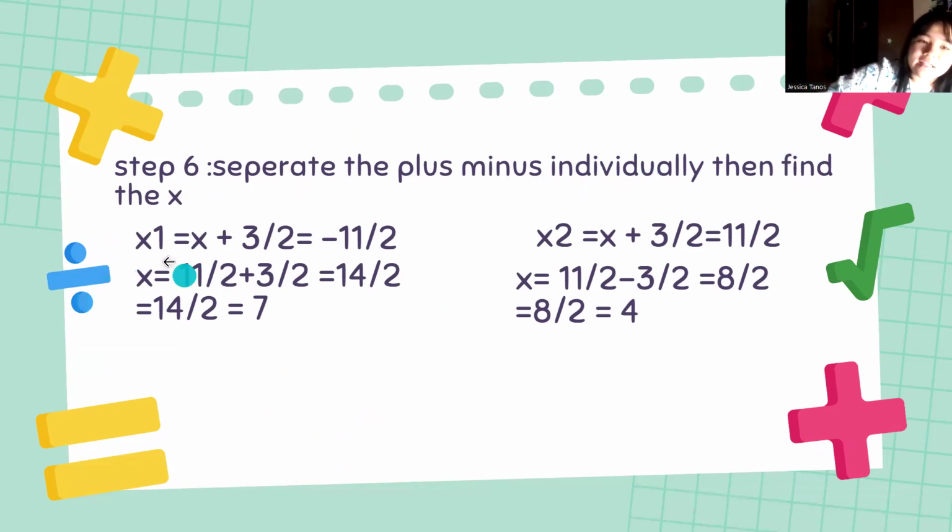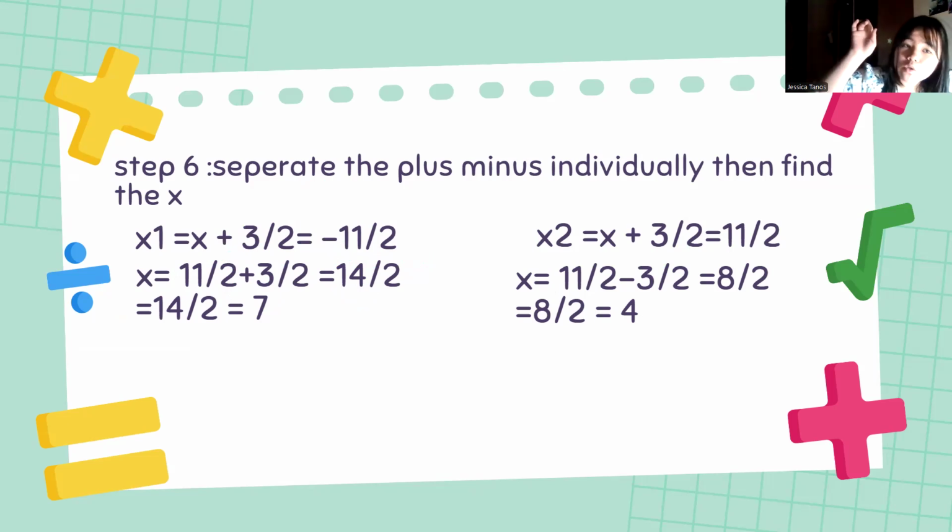So step 6, separate the plus and minus individually, then find the x. So x1 equals x plus 3 over 2 minus 11 over 2. Both of these denominators are 2, so we don't need to multiply anything. When we move it to the other side, positive 3 over 2 becomes negative.